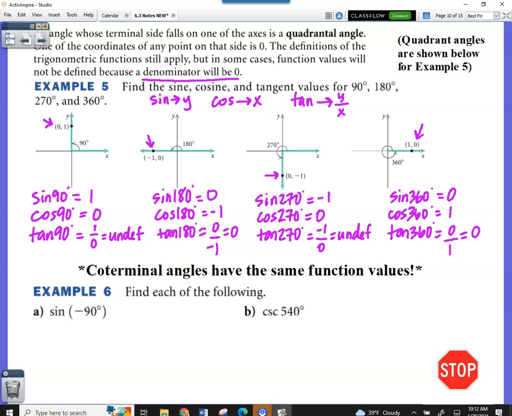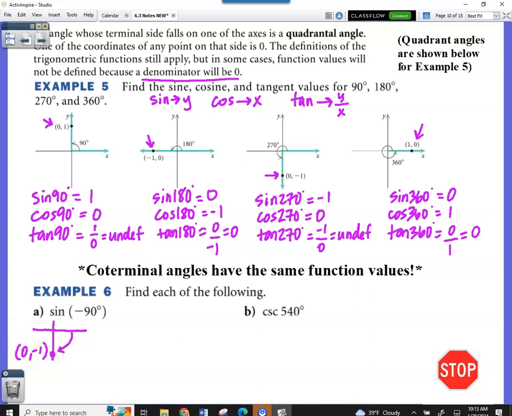All right. Negative 90, I know where that is. That is opening the angle up and landing right here. So I can't draw a triangle, which tells me I need the point. What would the coordinates of this be? 0, negative 1, right?